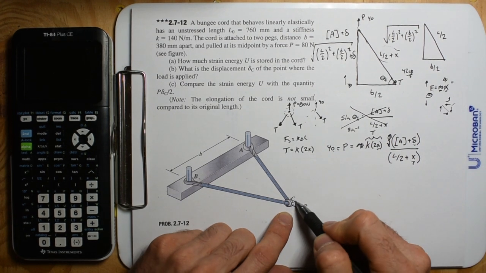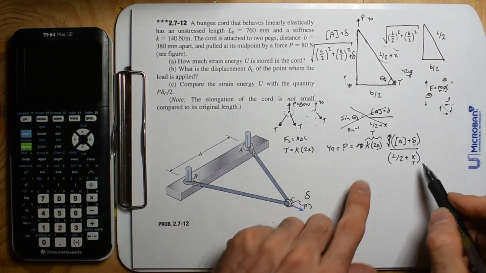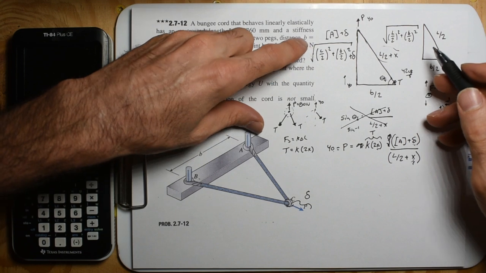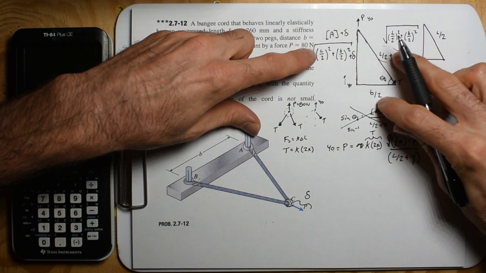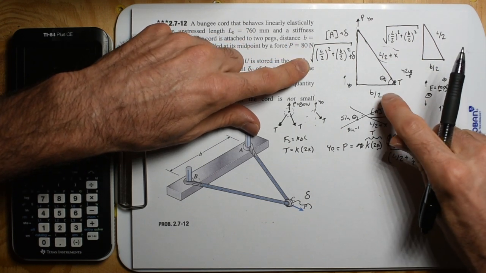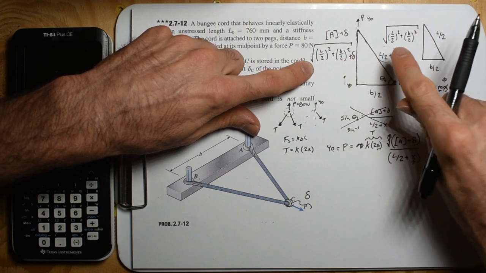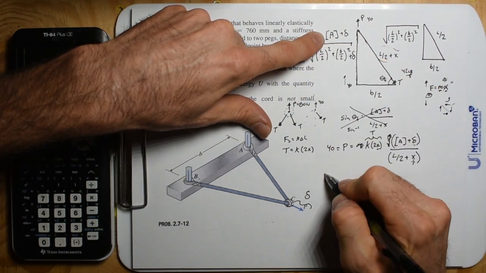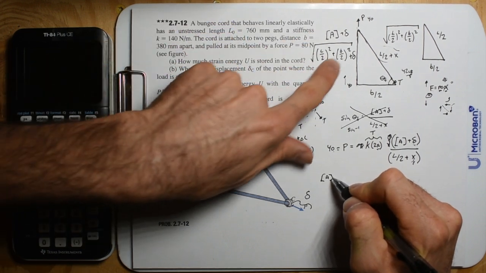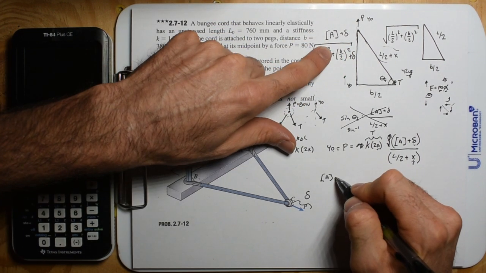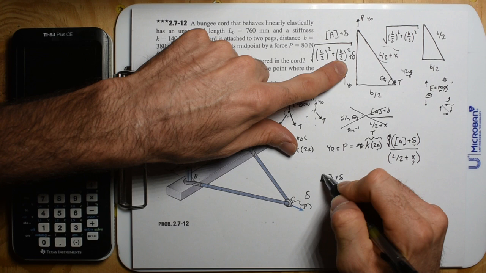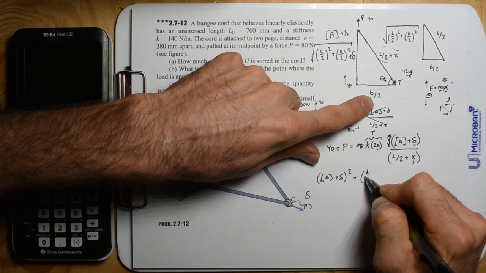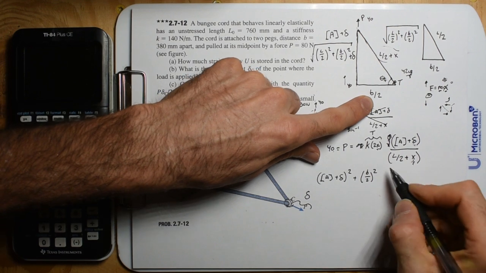So at the end of the day, what do we want? We want to find delta. So we need to change these x's into deltas. And we can do that because we have this relationship. We can say that this squared plus this squared equals that squared. So let's do that. This is just going to be a, because it's all this, just a big old constant, plus delta, but all that squared, plus b over 2 squared.